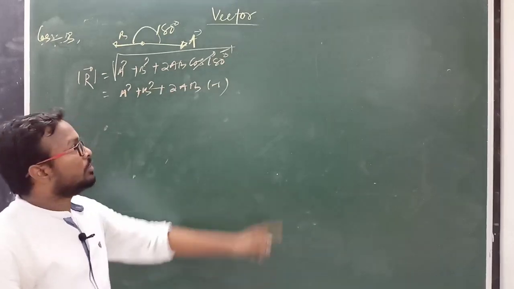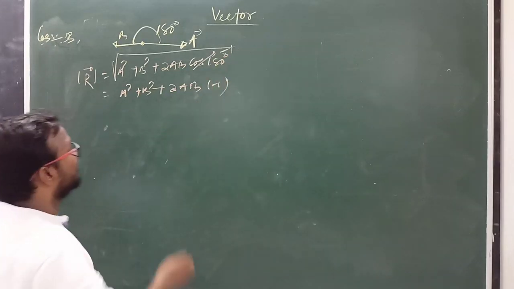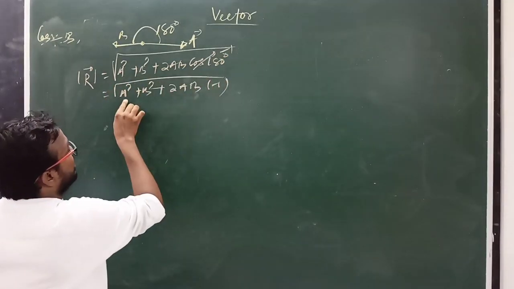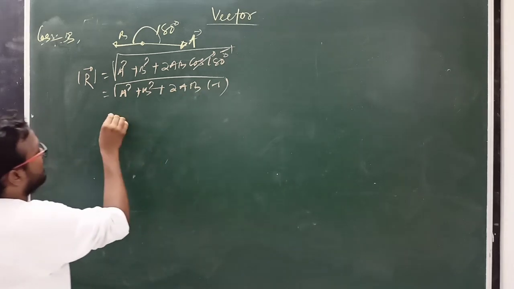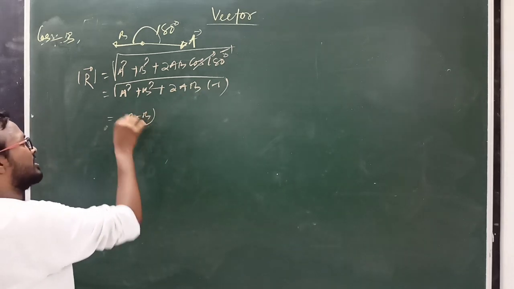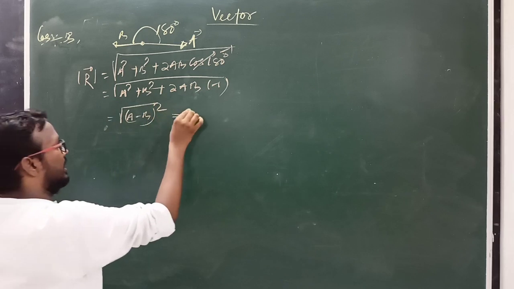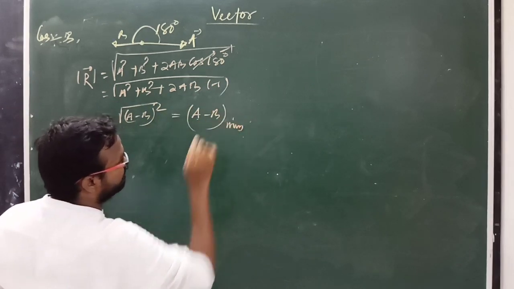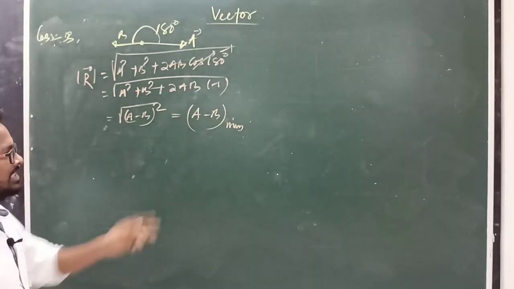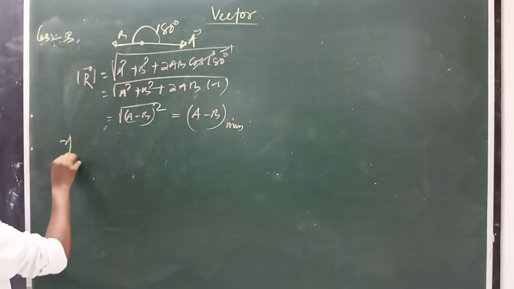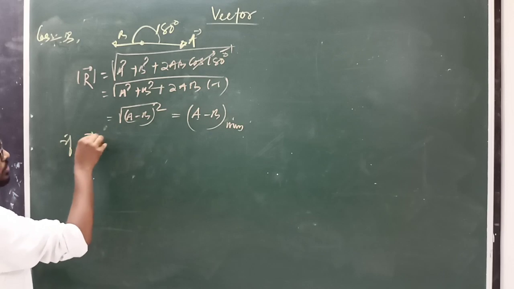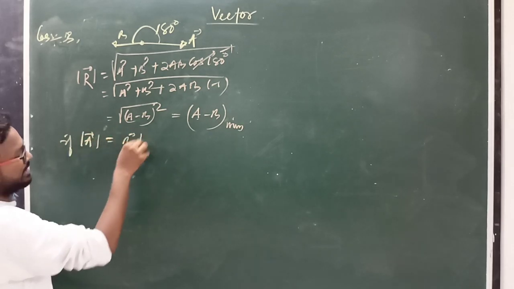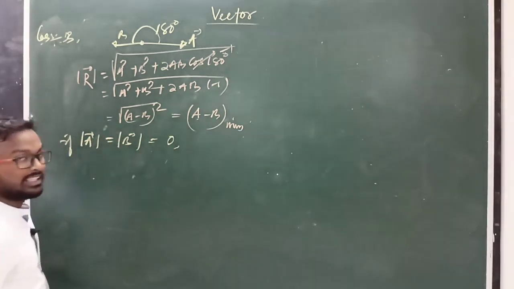Then this relation will be A square plus B square plus 2AB times minus 1. Why? Because the value of cos 180 equals -1, and it's under the root, meaning A square plus B square minus 2AB, which is equal to the root of (A minus B) whole square, and we get A minus B. This is the minimum value. Clear? If the magnitude of A equals the magnitude of B, then the resultant will be 0.